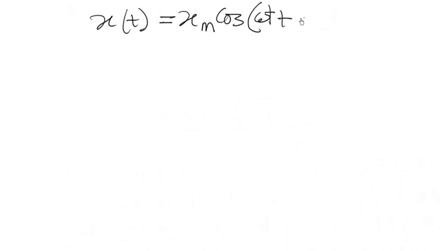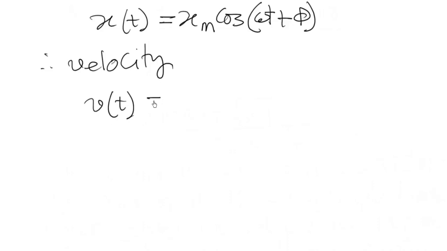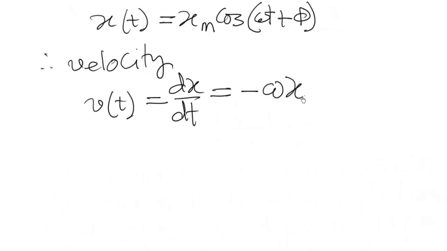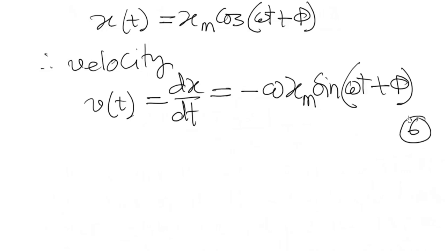So we have this solution x as a function of time, xm cos(omega t plus phi). Therefore, the velocity, we differentiate x with respect to time, then we get this. This is equation 6.